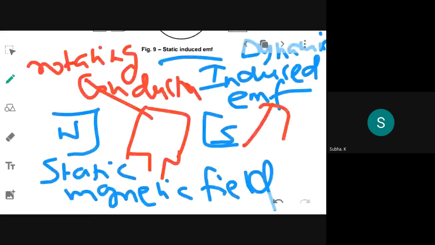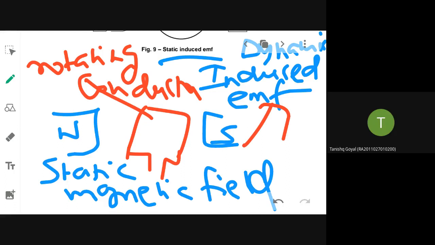Understood? How is dynamically induced EMF generated? What is the setup that you want to have for dynamically induced EMF? You need to have a stationary magnetic field in which you rotate the conductor. If you do that, there will be a rate of change of flux which will induce what type of EMF?